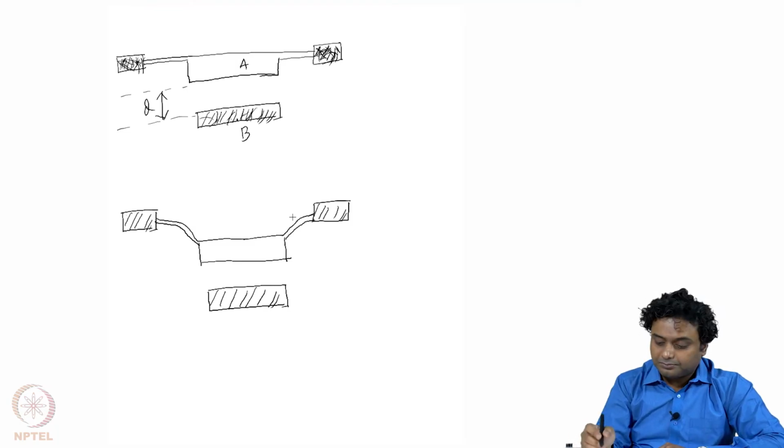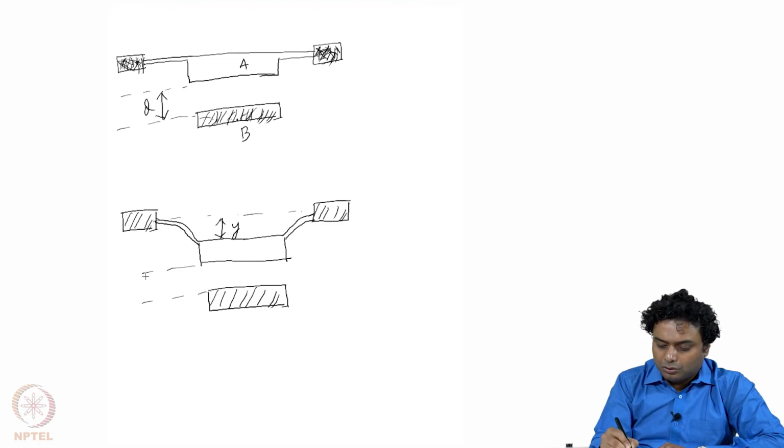So, anyway, the point is that the top plate now comes down or becomes even closer to the bottom plate. Initially let us say it was here and then it comes down by some distance y.